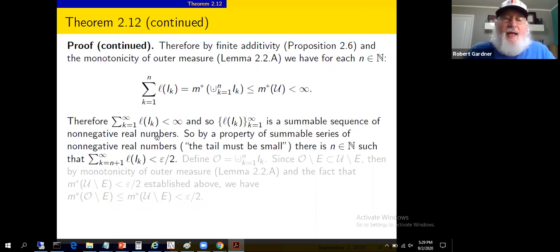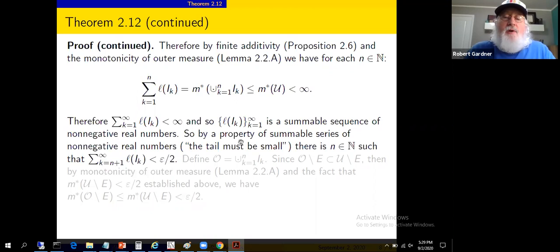If we add up the first bunch of these things, what's left can be made small, a property of summable positive term series. So there's an n, a natural number, such that if we sum from n plus 1 to infinity, that tail, the infinite tail of that series, can be made small. Let's make it less than epsilon over 2.